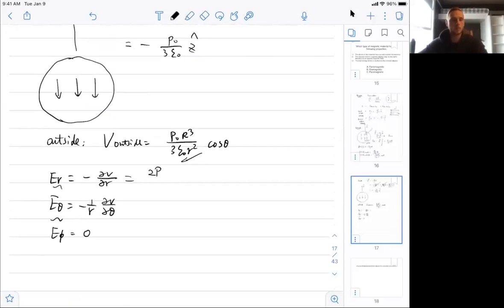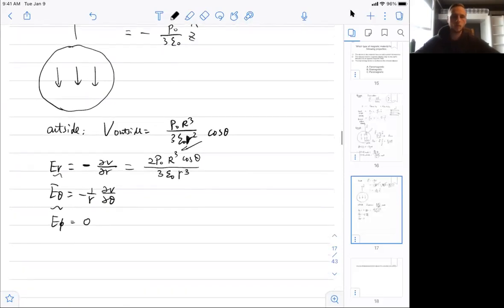for our electric field, E_r is going to be 2 P naught R cubed cosine theta over 3 epsilon naught r cubed. Okay, there's a negative sign here, and then taking the derivative gives you a negative sign, so that's why here it is positive. And for the theta hat direction, it's simply going to give you a sine theta.